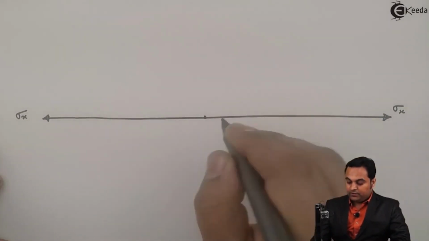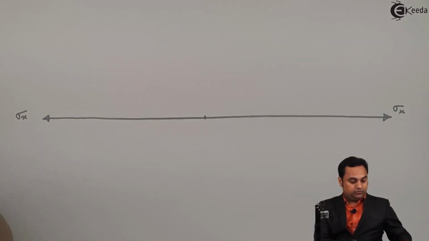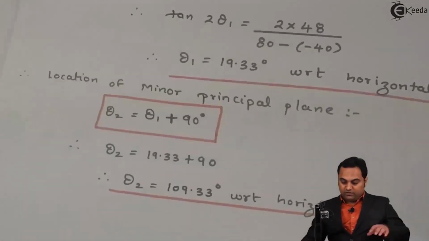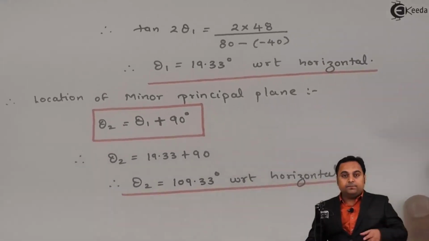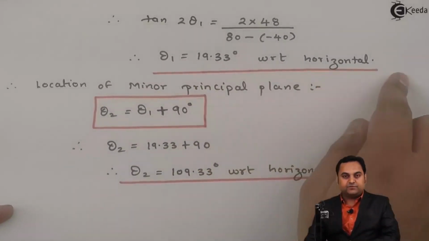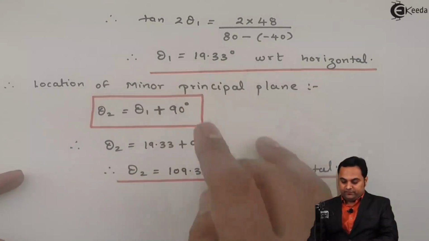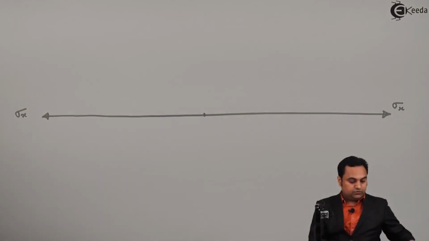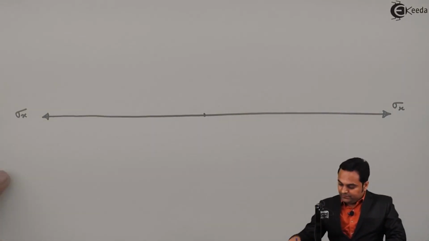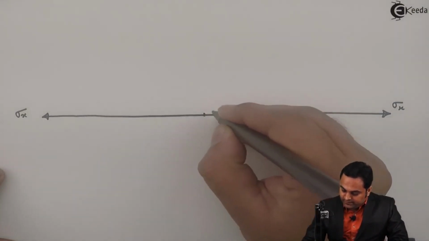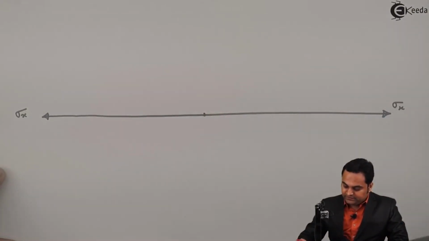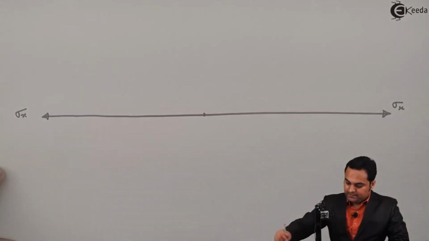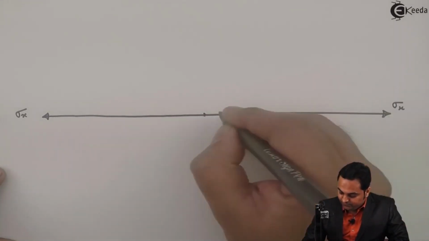Next, the first thing which we have found out was theta 1, that was the location of the major principal plane. We have found out theta 1, it was 19.33 with respect to horizontal. First I'll locate theta 1, then theta 2. So here I am taking an arbitrary angle, just by judgment, an angle of 19.33.